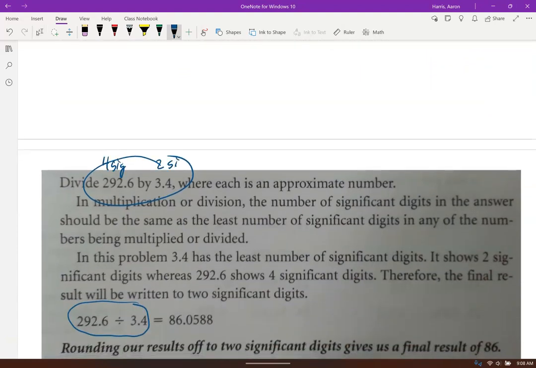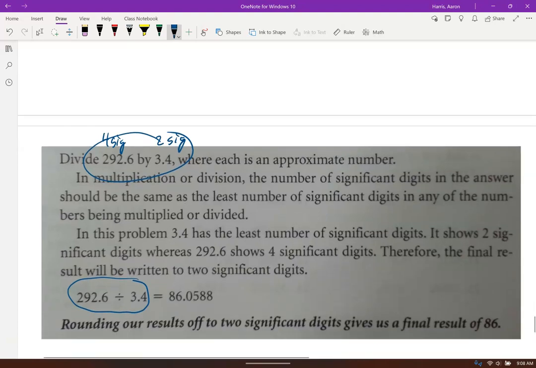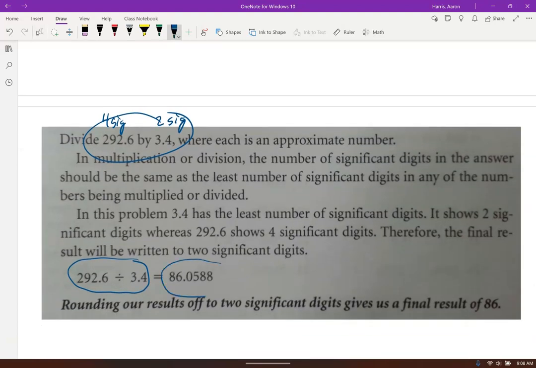This only has 2 significant digits. We do the division, but we can only go to 2 significant digits. So the ones position. So I look to the right. It's a 0, so it just leaves it as 86. We're just going to round it to 2 significant digits here. Okay?